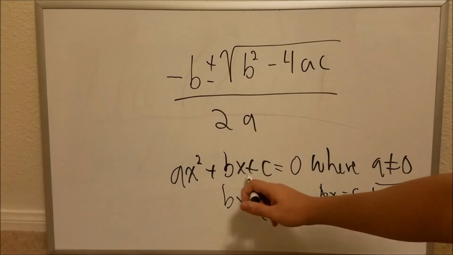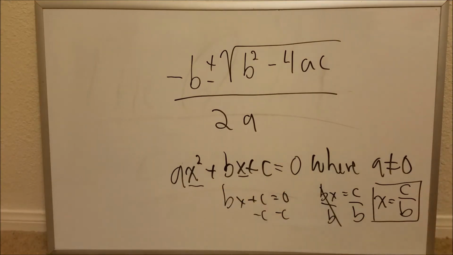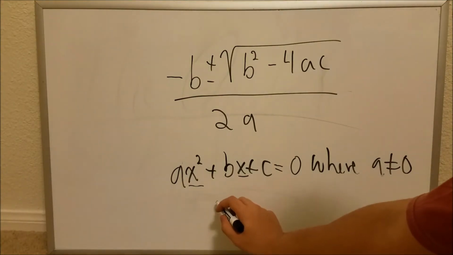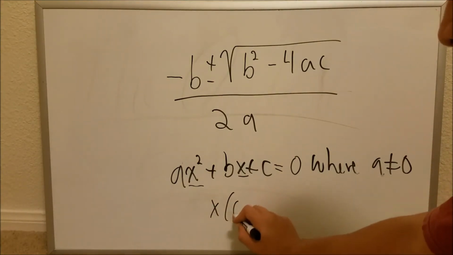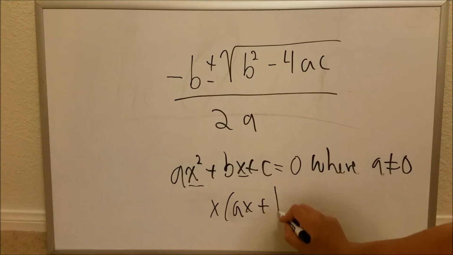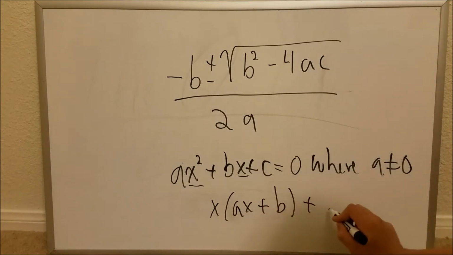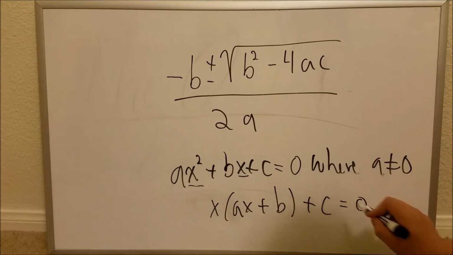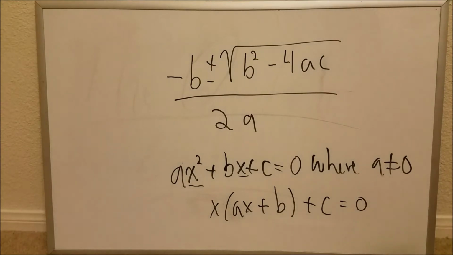The issue here is we have two x variables that we need to account for. Usually when this happens, we try to factor out an x. But we still have no way to isolate x.